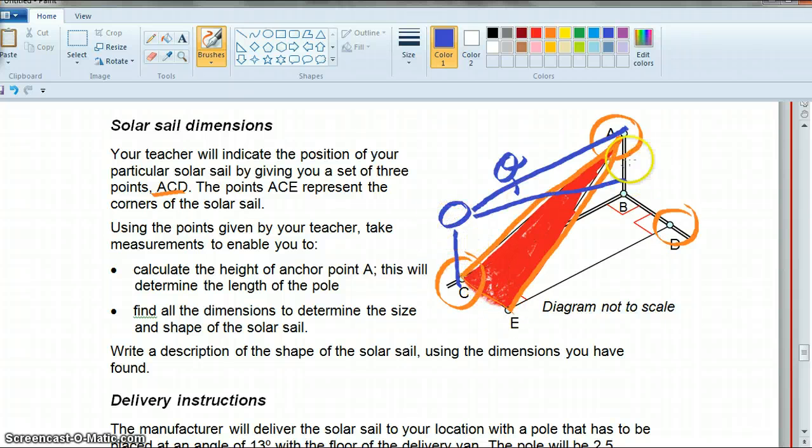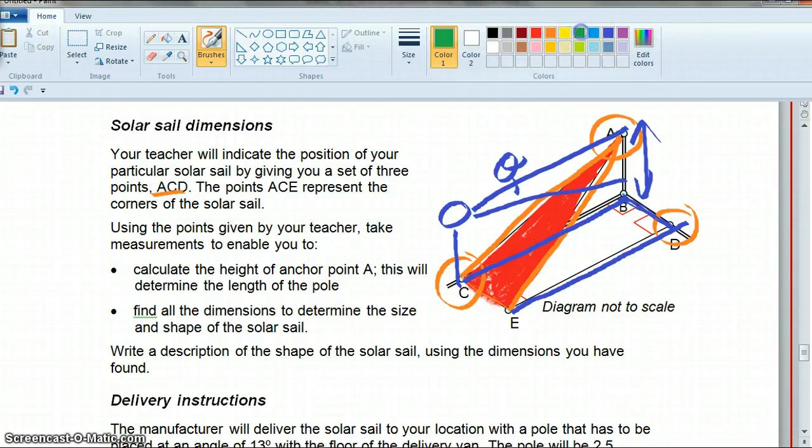So if you were standing there, you would be able to measure that length along here, which is the same as that length there, correct? So you'd be able to work out the height of the post. All right, and you would also measure this length between these two.